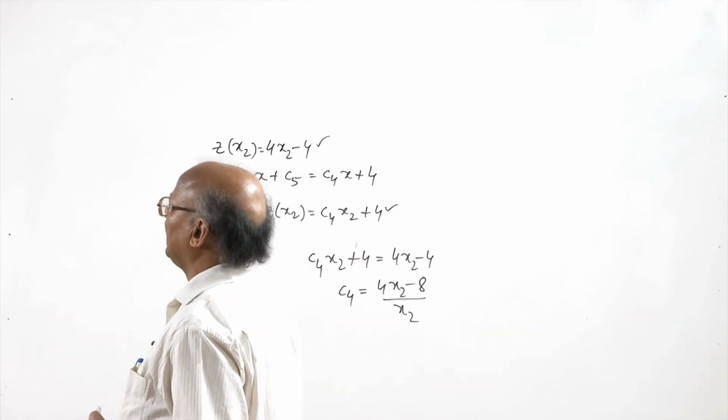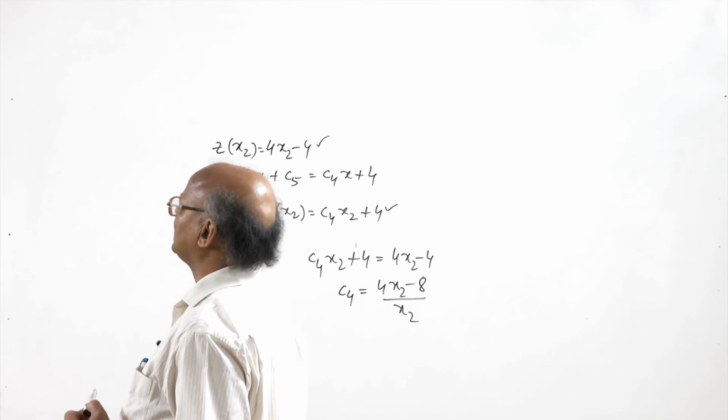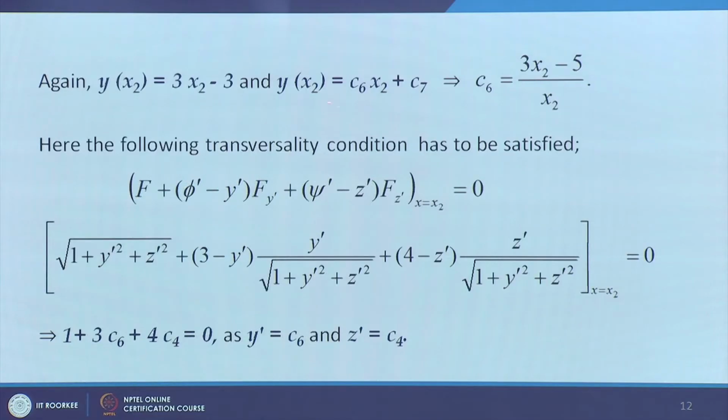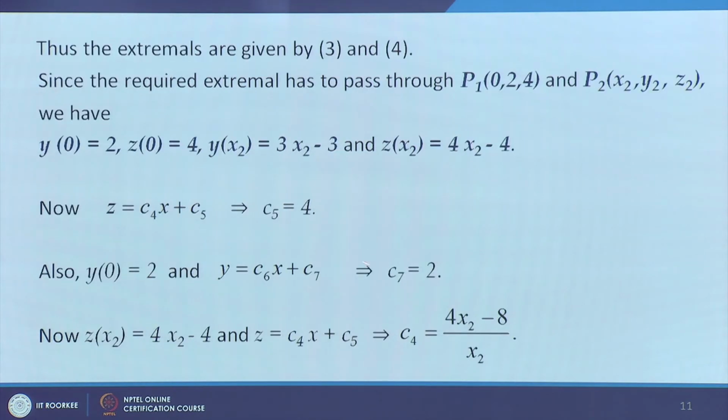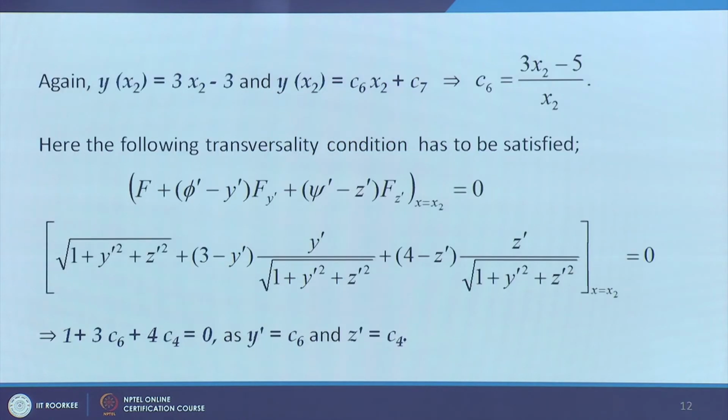And y2 is equal to 3x2 minus 3, and also y2 is equal to c6 x2 plus c7, and we have already found the value of c7, c7 is 2. So we can put here 2 and then solve these two equations for c6. c6 comes out to be 3x2 minus 5 over x2.